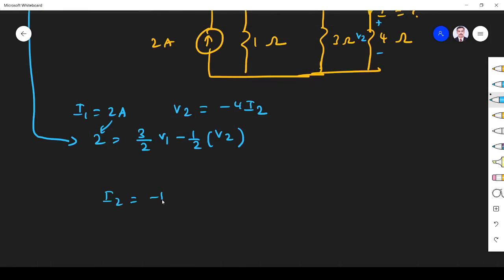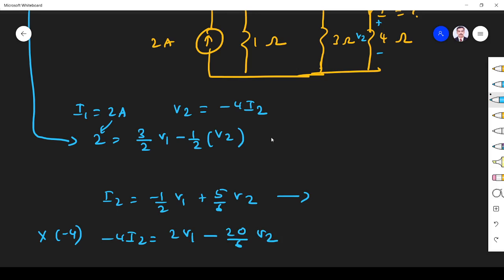Multiply this equation by minus 4, and it becomes minus 4I2 is equal to 2V1 minus 20 by 6 V2. Let us assume this is equation number 1 and this is equation number 2, right?